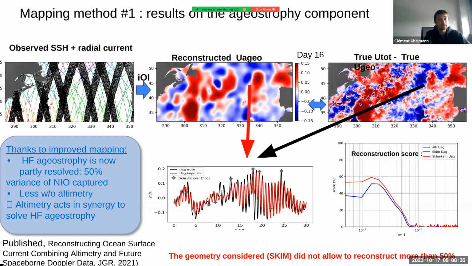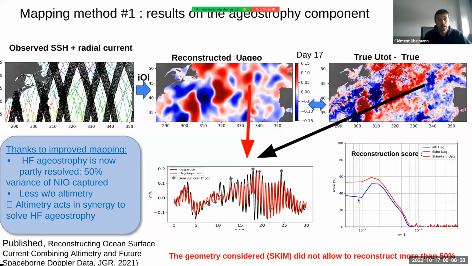And if we take again the first example that I showed earlier, with this obvious aliasing, the blue curve, now when we use this multi-component mapping, we have this red curve for the current, with the ability to reconstruct the high frequencies of NIOs.